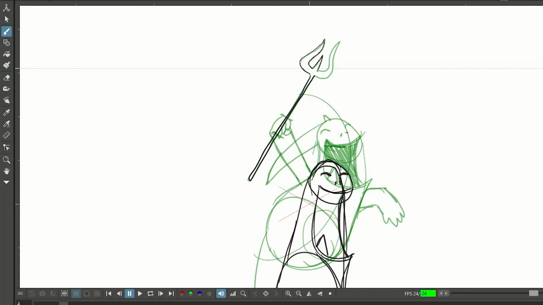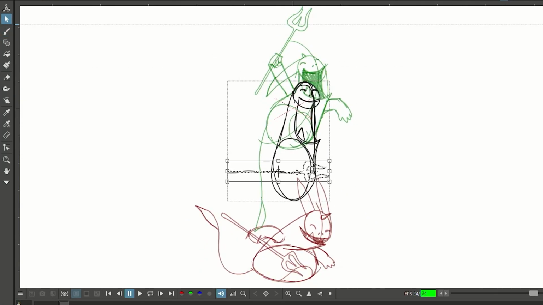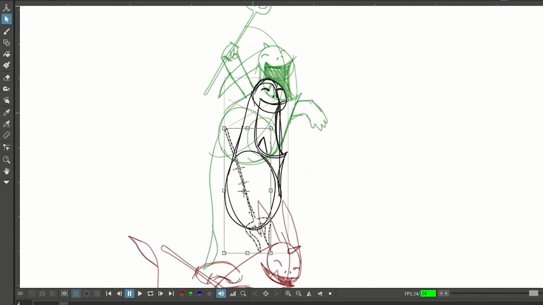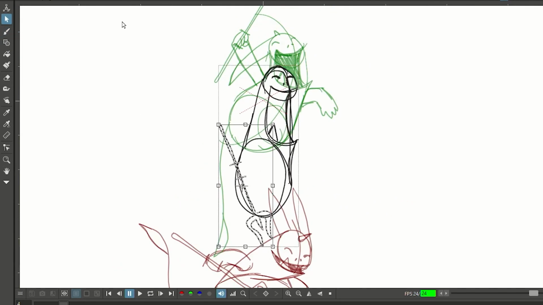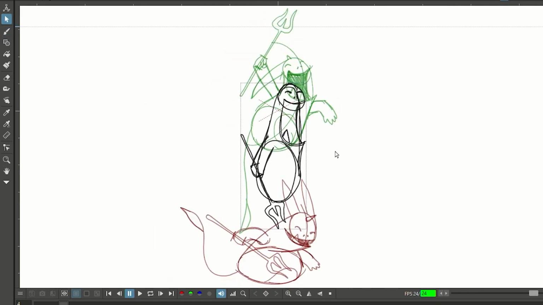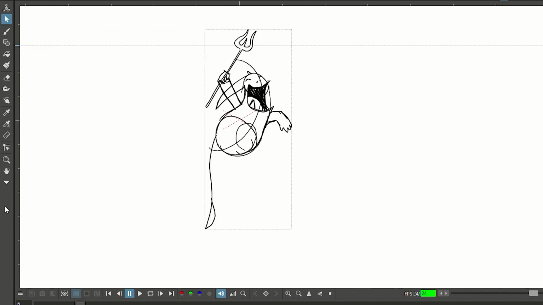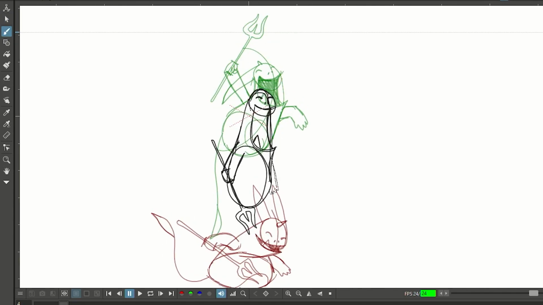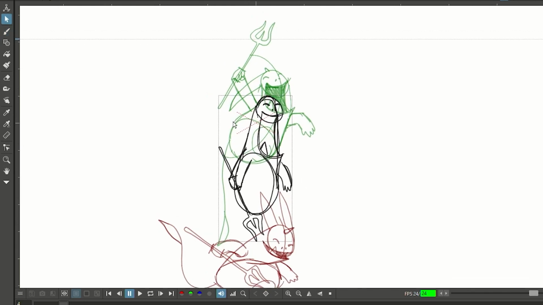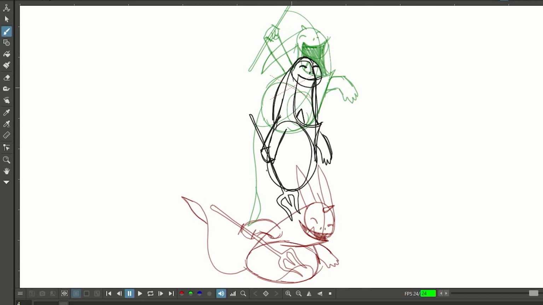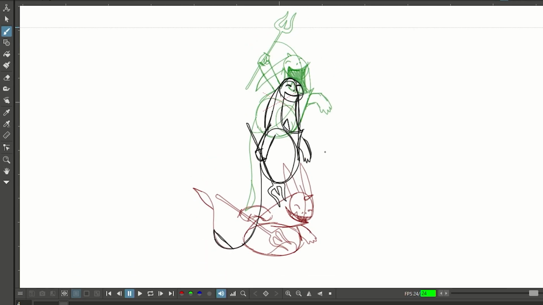So for the trident, I would imagine that it is made of metal, so it's definitely dragging down the arm to its fullest extent and pointing down as much as it can in the wrist. For a little bit of contrast, I tried to treat the other arm differently, not having it point straight down, but already in the middle of being raised, because in the key pose at the top, the arm is raised.